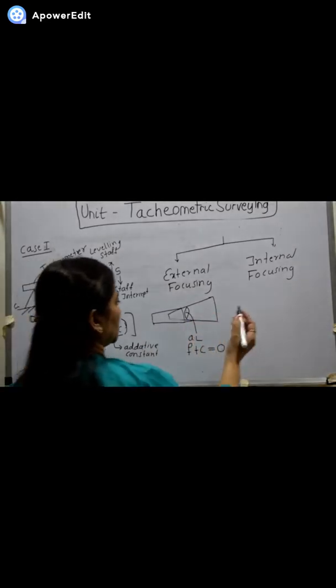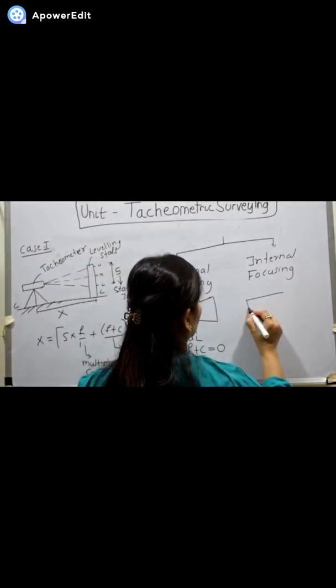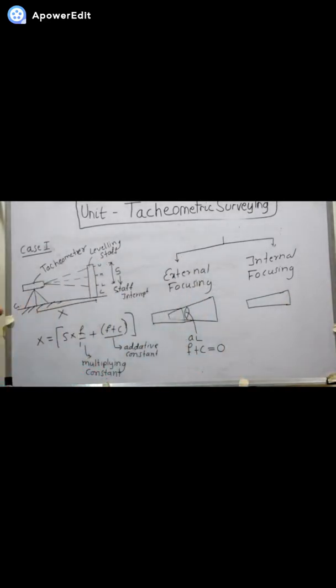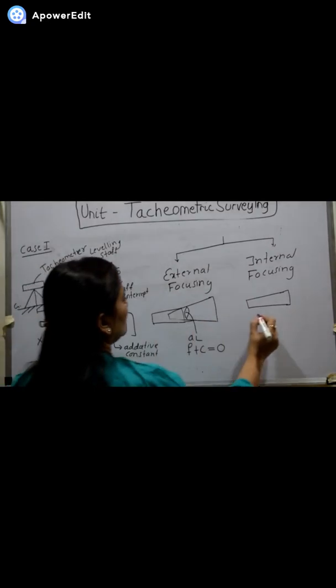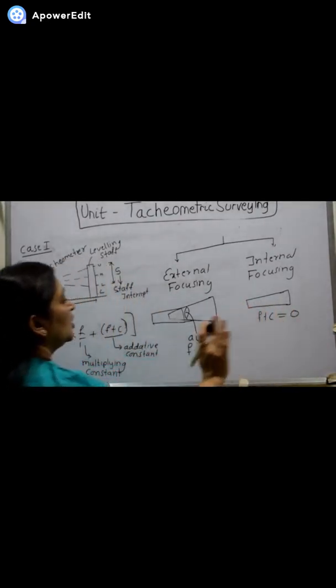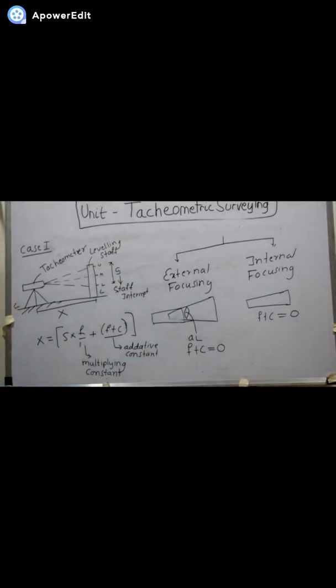In case of internal focusing, which we use in today's generation, the manufacturer has adjusted it in such a way that the value of f plus c by default is equal to 0 without using an analytical lens.